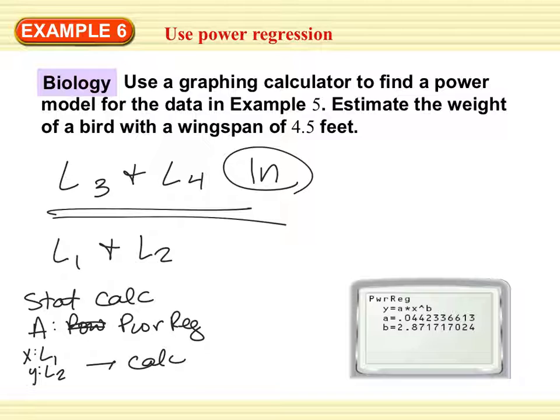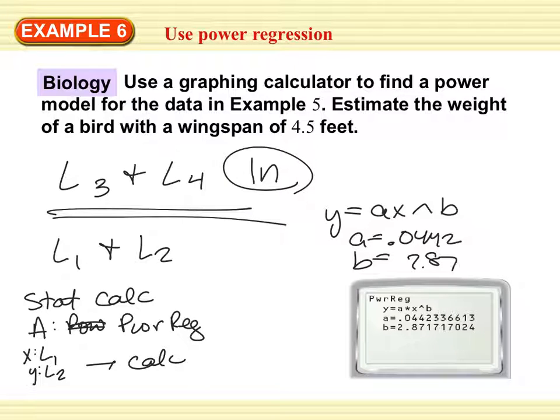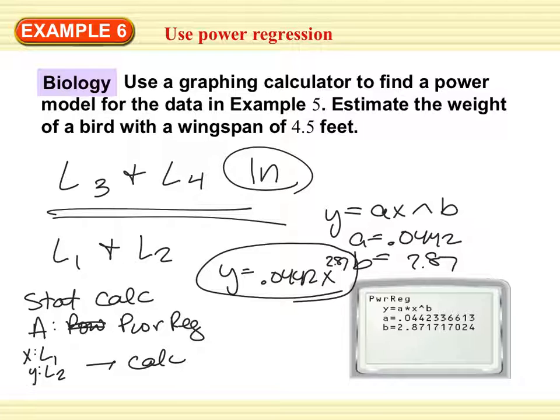So I get y equals a x to the b, and a is 0.0442 and b is 2.87. So that gives me 0.0442 x to the 2.87 as our answer. Cool. Awesome. Make sure that's right.